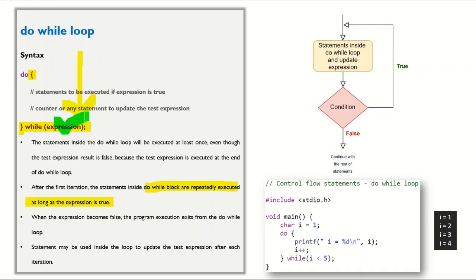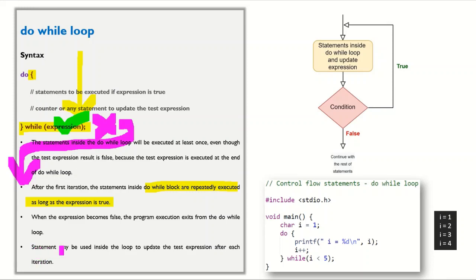So after the first iteration, it will check the condition expression here. If it is true, it will again execute the statements within the do while loop. This process will continue until the while expression becomes false. When it becomes false, it will continue with the rest of the statements, exiting the do while loop.